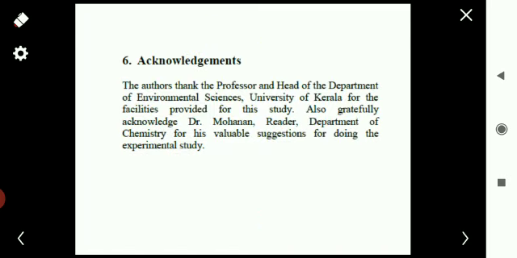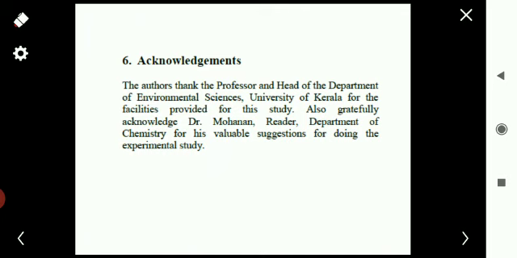Then the sixth part is the acknowledgements. Acknowledgements enable you to thank all those who have helped in carrying out the research work, including technical staff or other academics who may have discussed or suggested improvements but did not directly participate in the research.